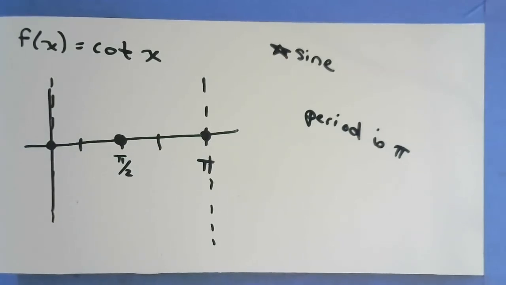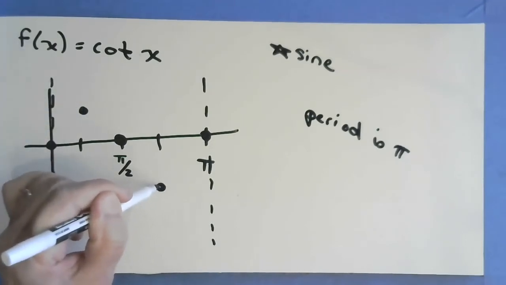The other 2 are to help us remember which way it goes. And so what I want you to remember is that cotangent is always decreasing, which means that of our second and our fourth key points, the second one's up and the fourth one is down.